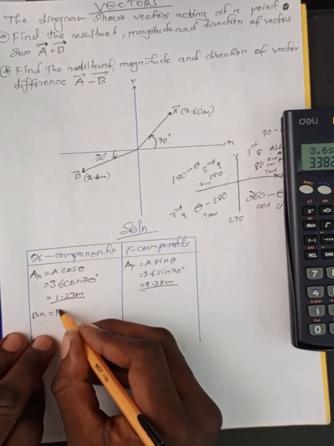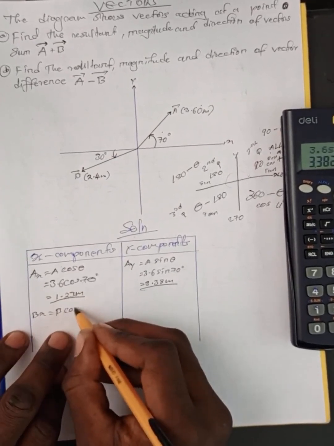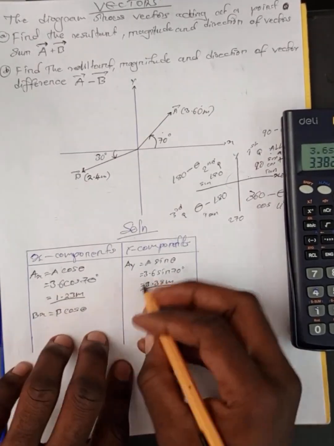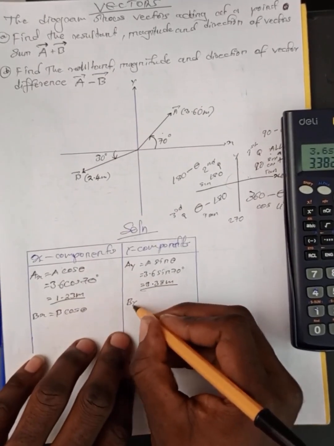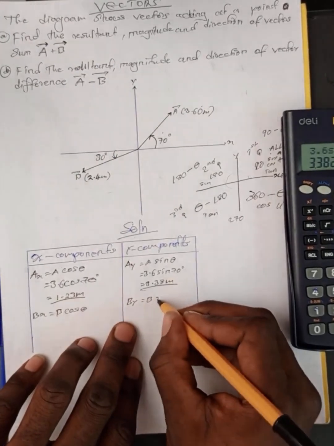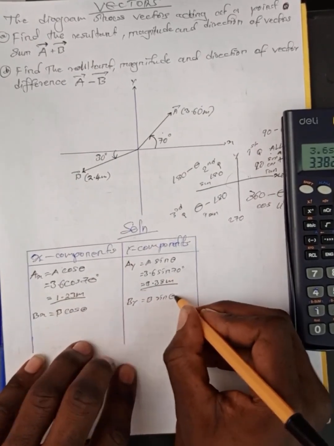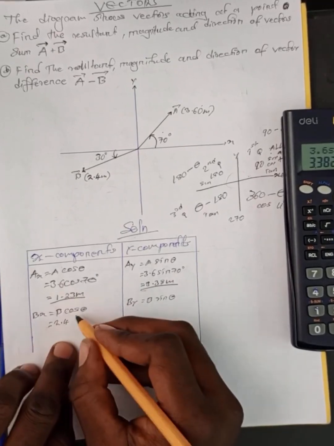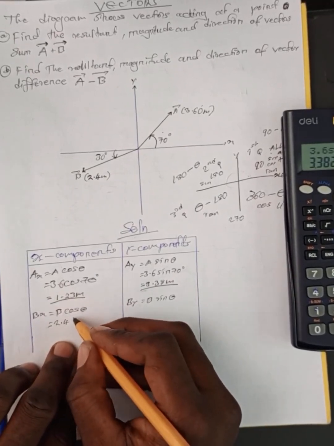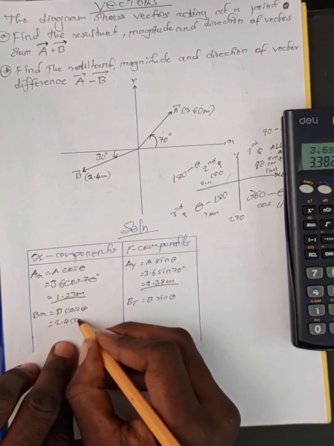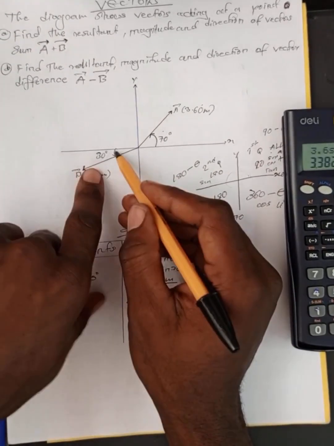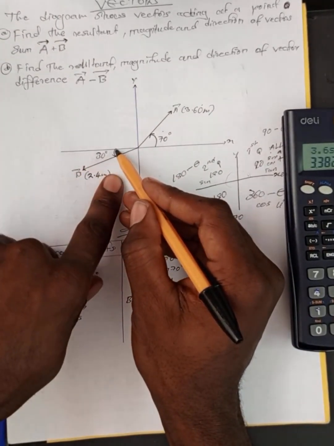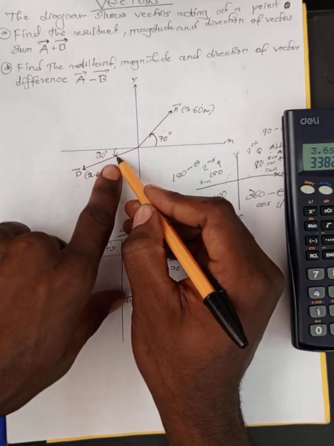Then you come here, vector B. Bx is equal to B cos theta. Here, By is equal to B sine theta. Your B is 2.4 meters. Then cos theta, this is 30, starting from this point coming this side.